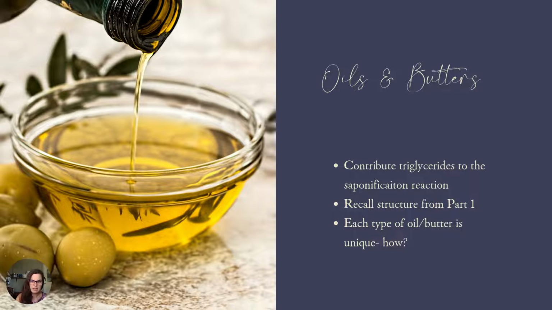Each different oil or butter has different tails. They can be different lengths. They can have different types of bonds, which makes them saturated or unsaturated. These properties are then transferred into our final fatty acid product, and this is what gives us different properties of soap.